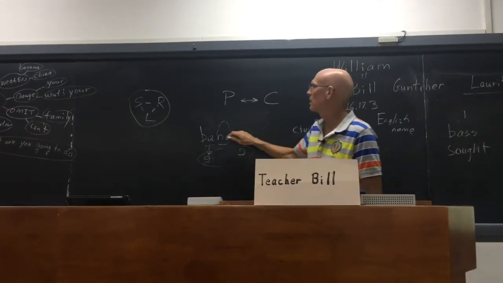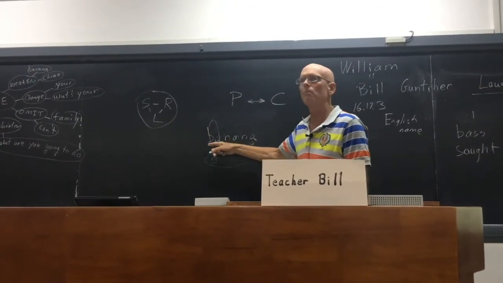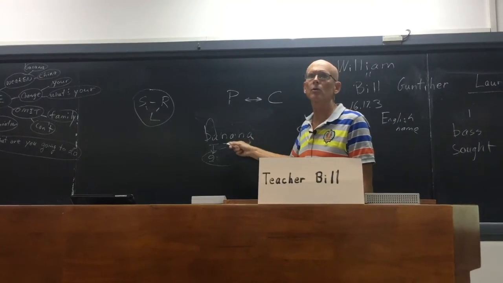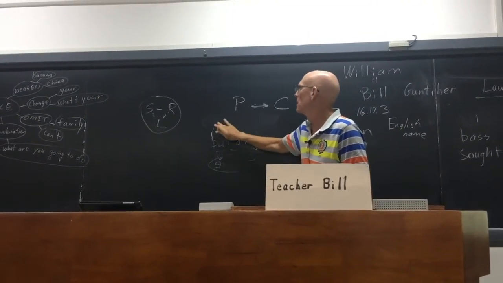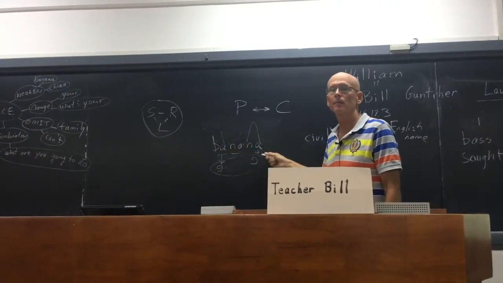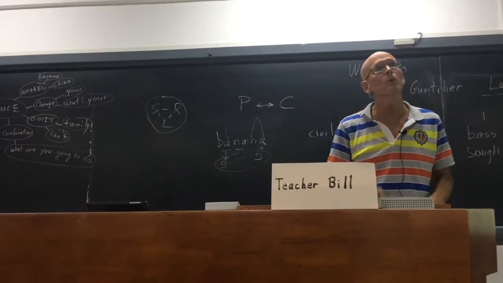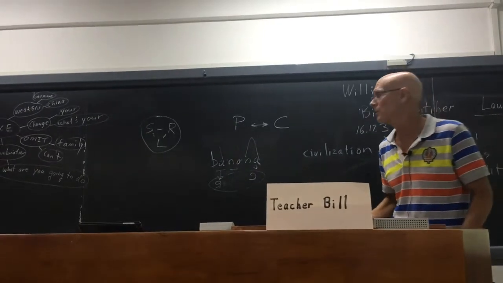Okay, now if we stress this one, it would be banana. See, we would reduce these two. Banana. If we stress this one, it would be banana. So there are many ways to pronounce that word, but you know the correct way because that's a very common word and you've heard it before.